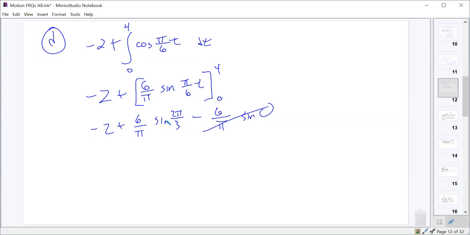The sine of 2 pi over 3 is root 3 over 2. So we got negative 2 plus 6 root 3 over 2 pi, or negative 2 plus 3 root 3 over pi.